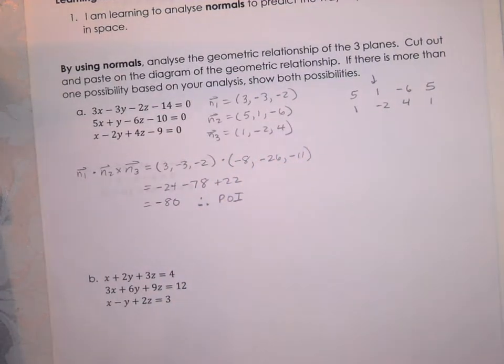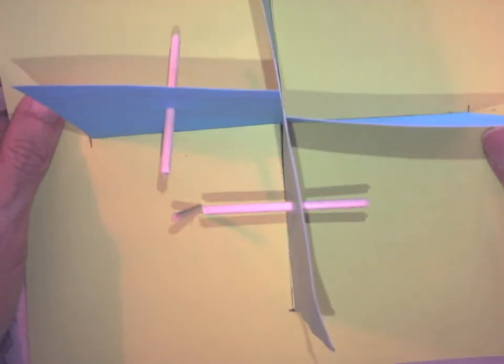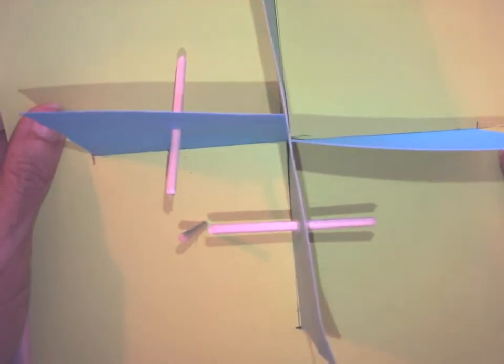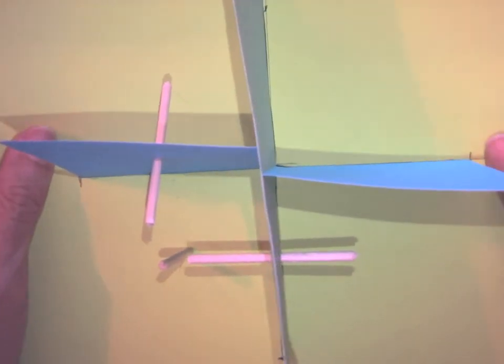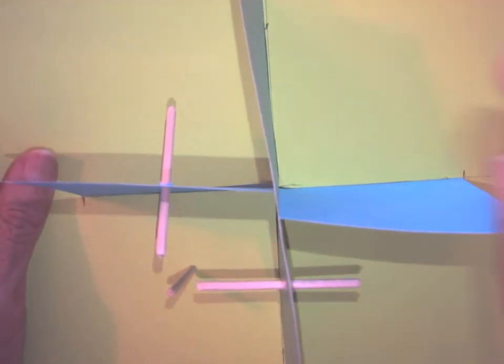But I made a model for that I forgot to show you earlier, so I'm going to show it to you now. This is my model with the normals in. Here are my three planes. One of them's yellow, one of them's green, and one of them's blue.